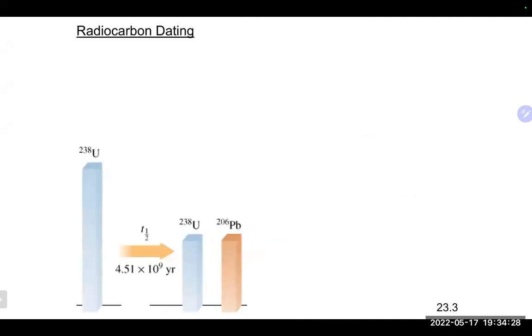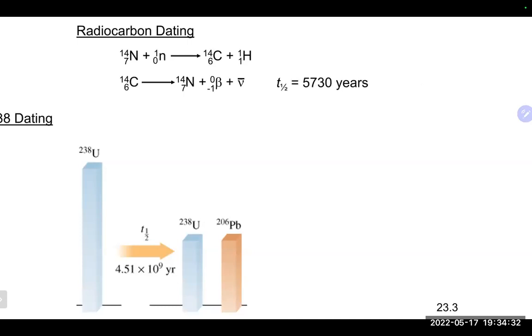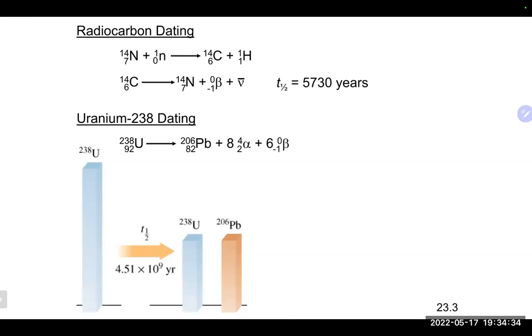There you go. All right, we can also use first order kinetics to do radiocarbon dating or uranium-238 dating by using the half-life here of carbon-14, which is 5730 years.